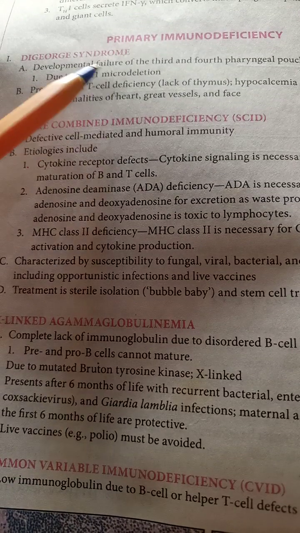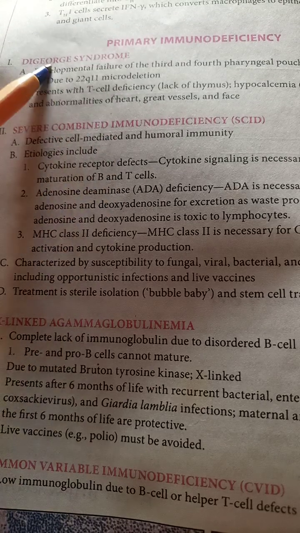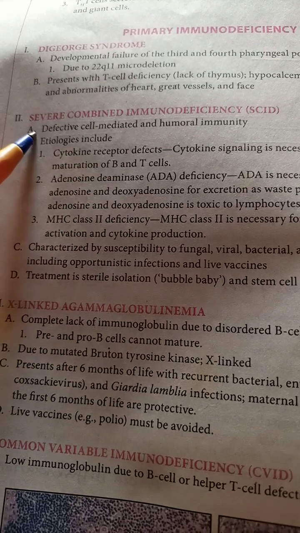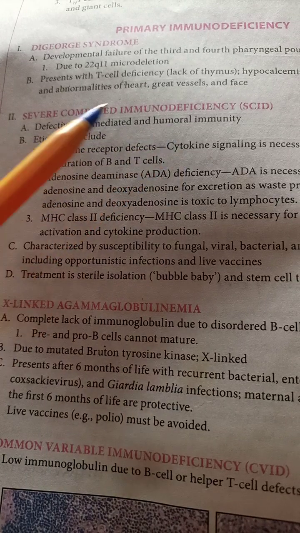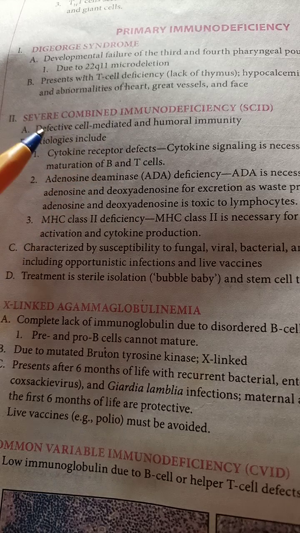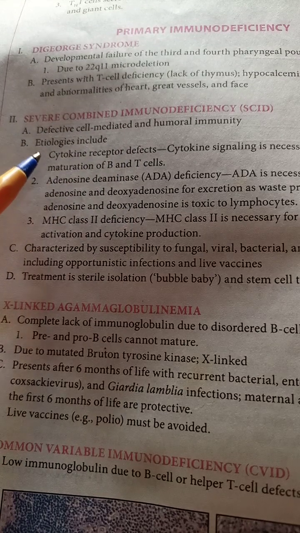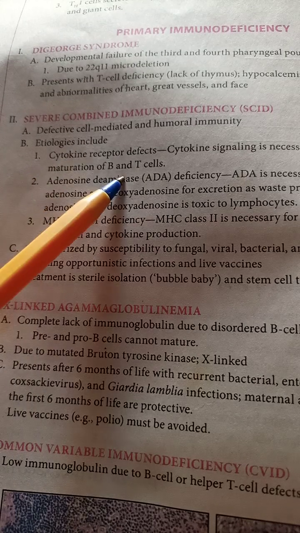22q11 microdeletion. This one is high yield, so you have to memorize this: 22q11 deficiency, DiGeorge syndrome. Another is severe combined immunodeficiency syndrome, SCID. It is defective cell mediated and humoral immunity, cytokine receptors are defective, and there is also adenosine deaminase deficiency.